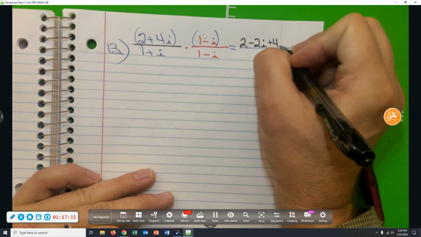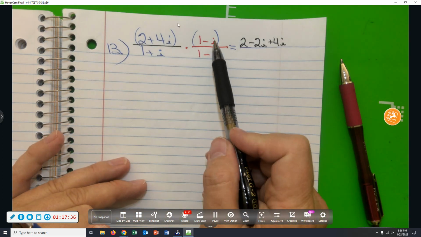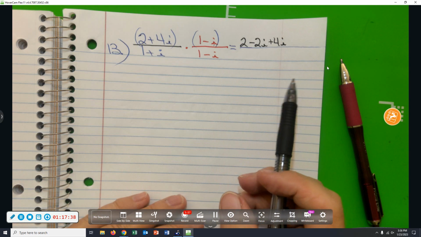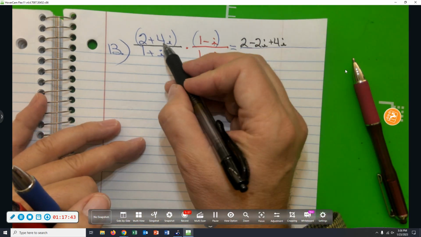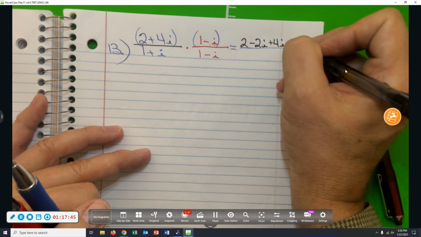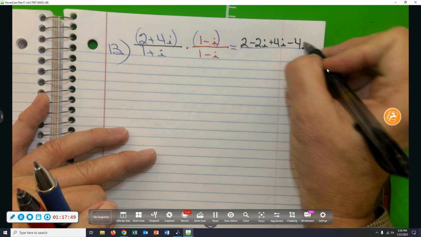Okay. What about last times last? Positive 4i times a negative 1i. That's a negative 4. 4 times a negative 1 is a negative 4. i times i is? Okay.